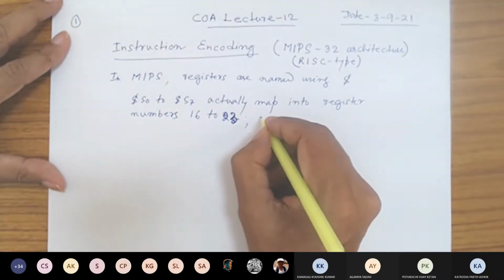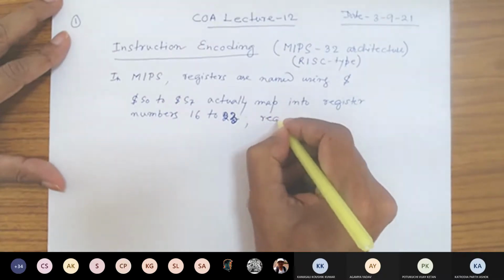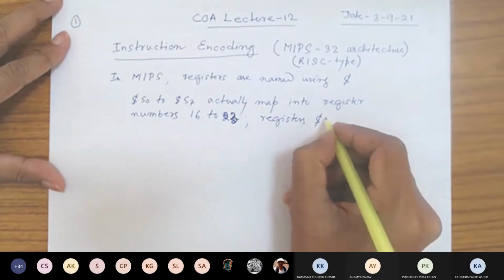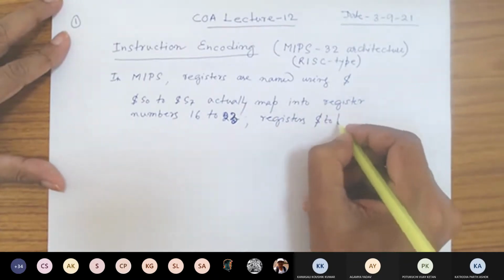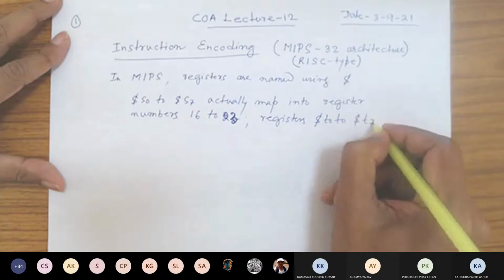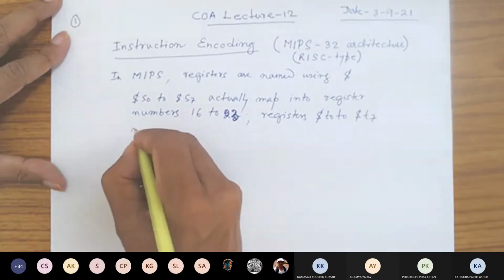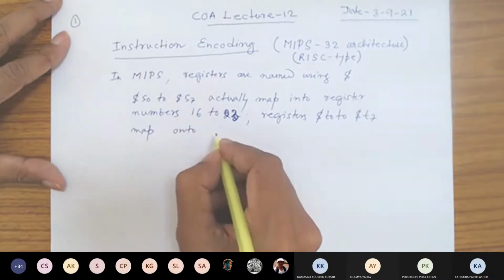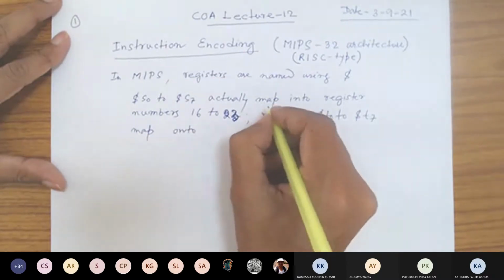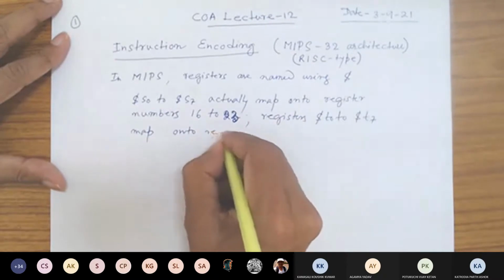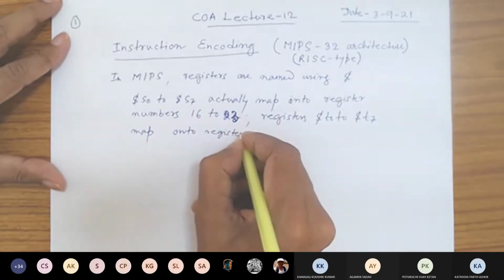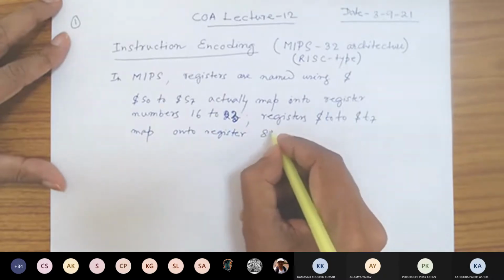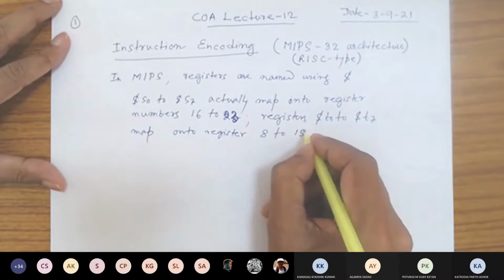Similarly, registers $T0 to $T7 map onto registers 8 to 15.